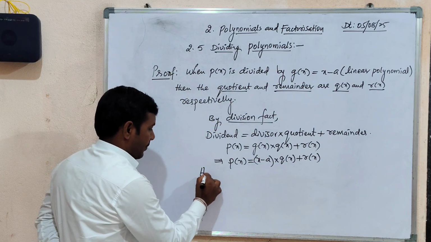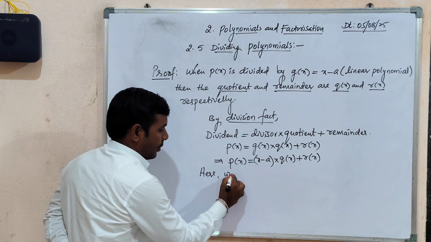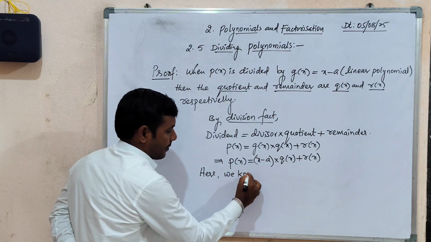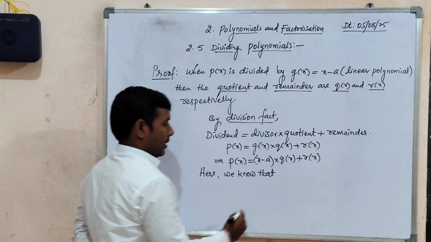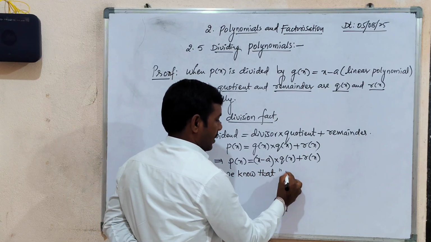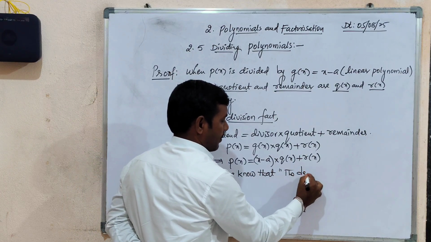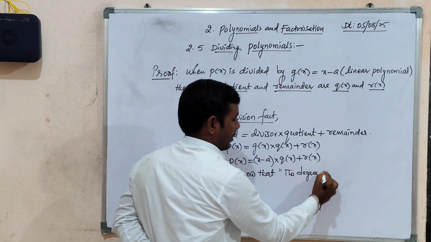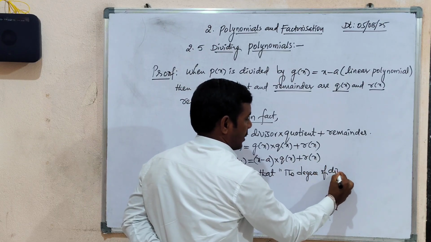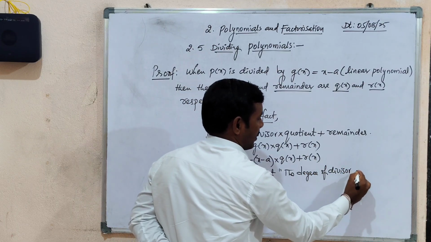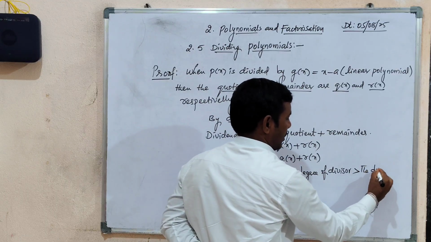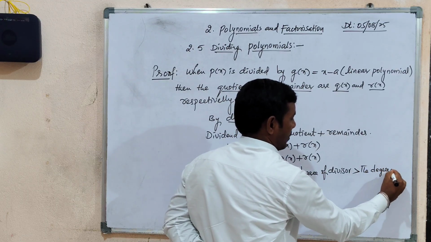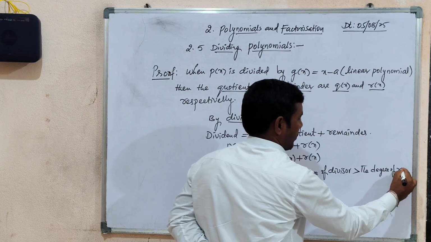Here we know that the degree of the divisor is greater than the degree of the remainder.